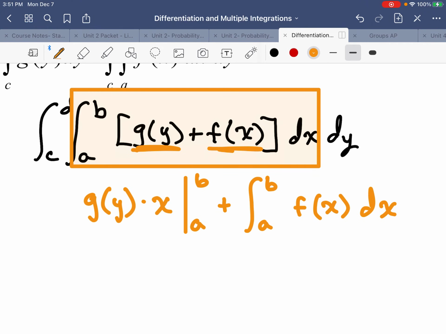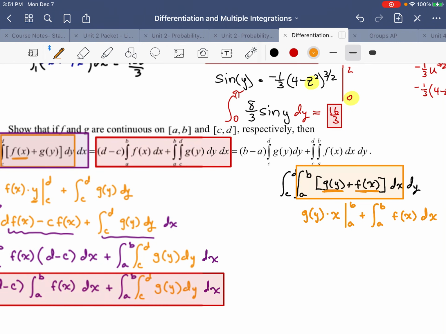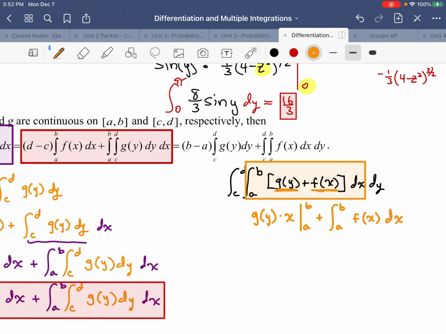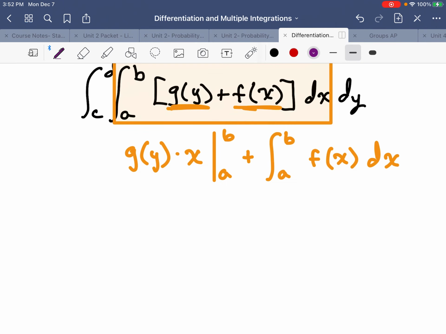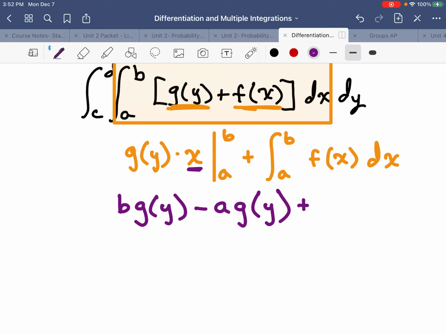Now, I'm not going to forget the next step this time. So replace the x's with b and a. So b g of y minus a g of y, plus a to b f of x dx.